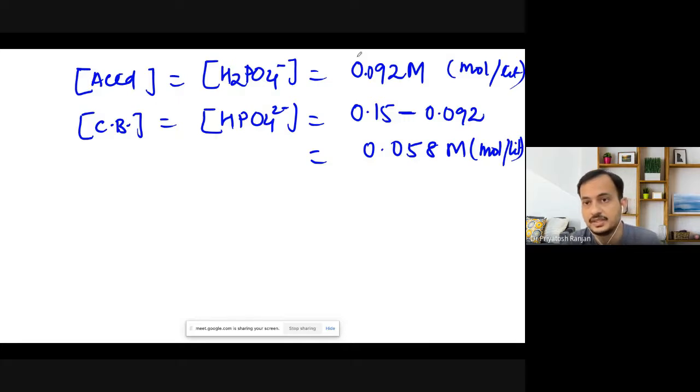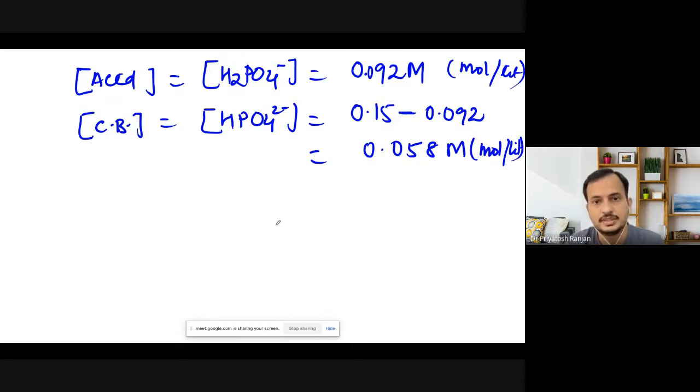So what I can do is consider the volume 200 ml in this equation, and then calculate the moles.